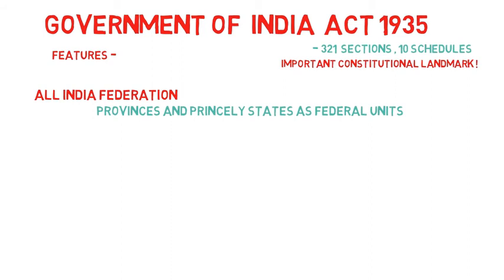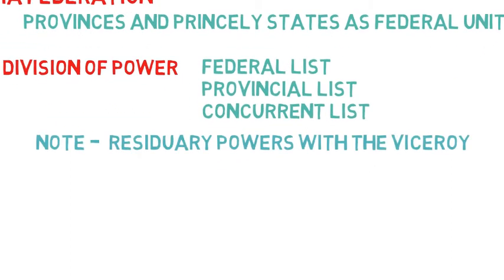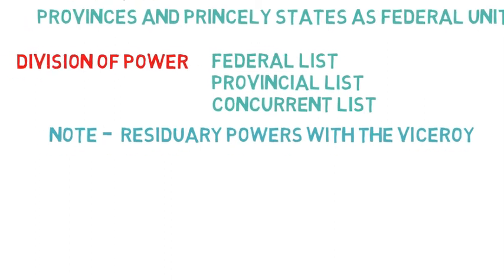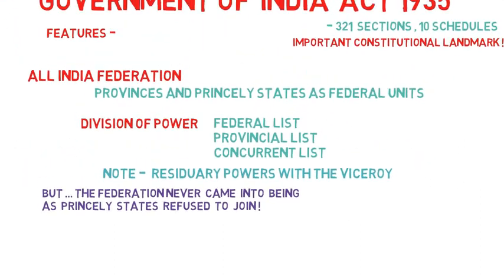The power was divided between the centre and the units into 3 lists: Federal List, Provincial List, and the Concurrent List. The residuary powers were given to the Viceroy. The Federation, however, never came into being as the princely states did not join it.